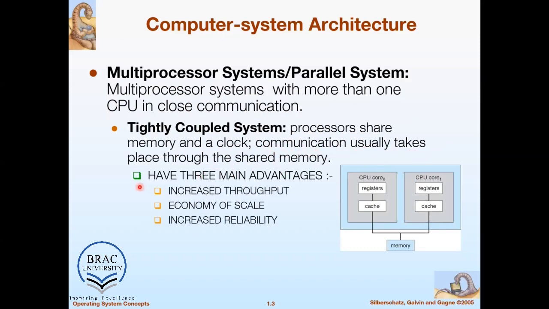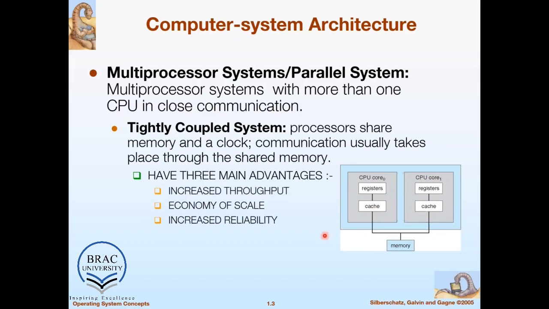Communication usually takes place through the shared memory. So in this multiprocessor system, we have two or more processors which are closely communicating with each other because they need to work together to perform certain tasks. And what are those tasks?